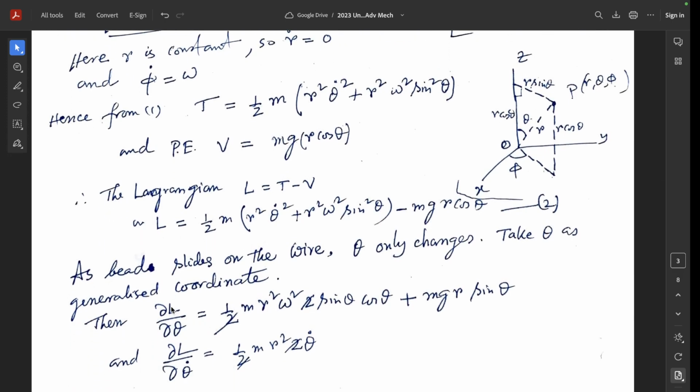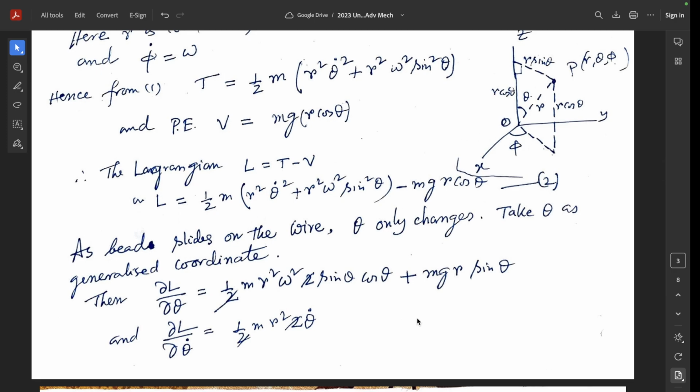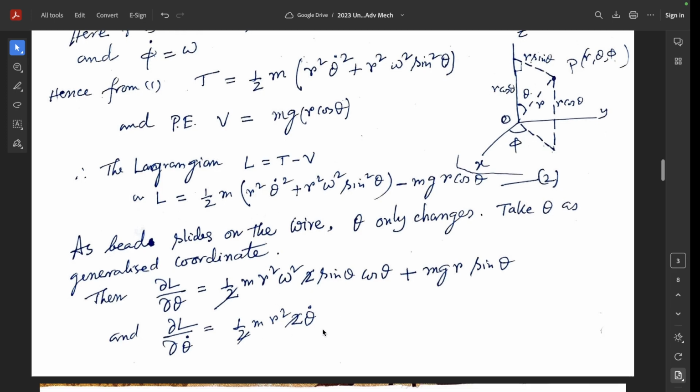Now del L by del theta: the sine square theta term gives 2 sine theta cos theta, the other term is 0, and the derivative of cos theta is minus sine theta. And del L by del theta dot comes only from this term, half m r square theta dot, where the 2 cancels the half.